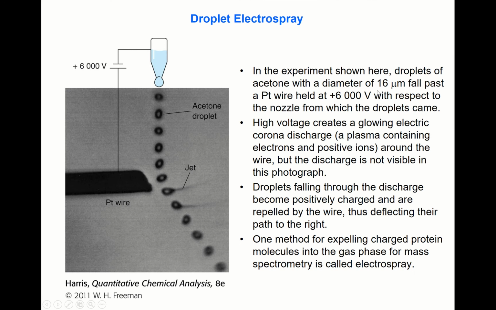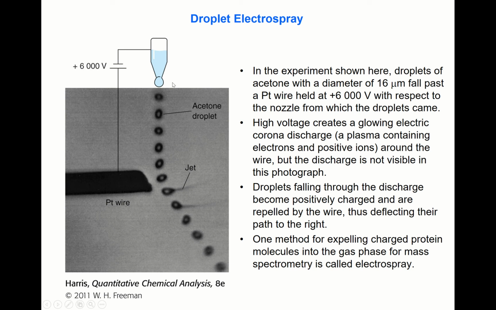Okay, let's start. Our front page shows droplet electrospray. From this container, the acetone is falling down drop by drop, whose diameter is about 16 micrometers.